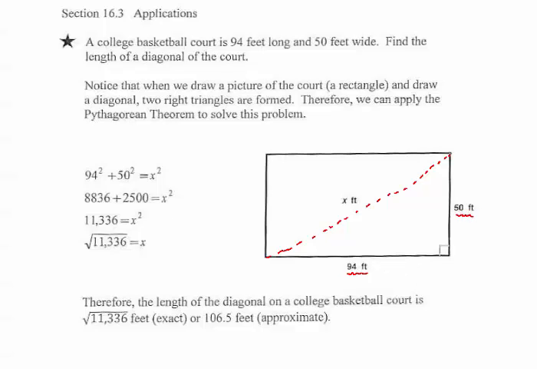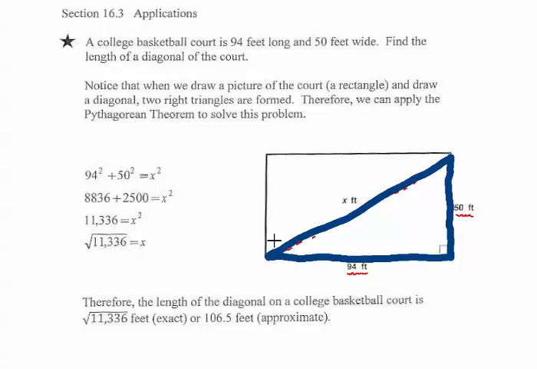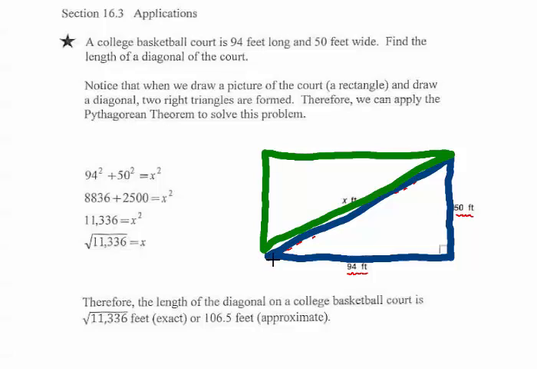And so as with a lot of these problems, you're playing the game, find the right triangle. And so once we draw the diagonal through the basketball court, you can actually pick out two different right triangles. But since we constructed these two triangles by simply chopping a rectangle in half, these end up being equal triangles, so it doesn't really matter which one you use.